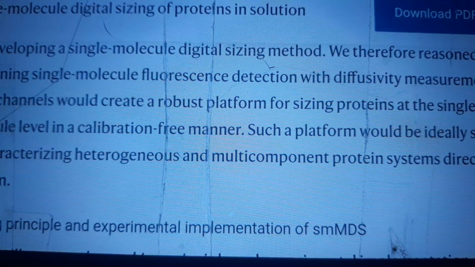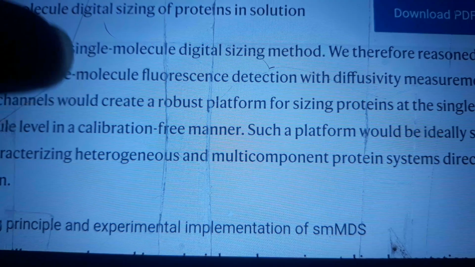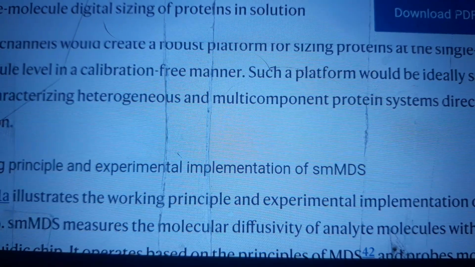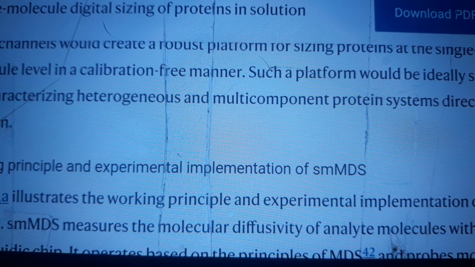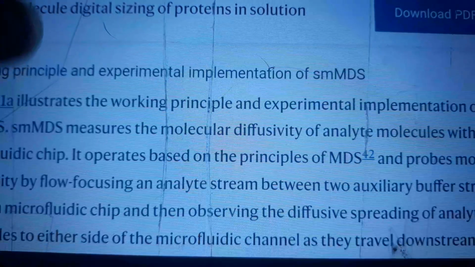And it has been reasoned that combining single molecule fluorescence detection with diffusivity measurements in microchannels would create a robust platform for sizing proteins at the single molecule level in a calibration-free manner. Such a platform would be ideally suited for characterizing heterogeneous and multi-component protein systems directly in solution.